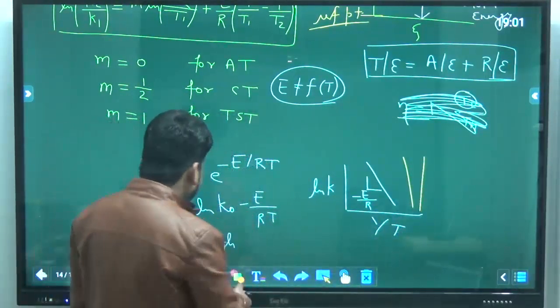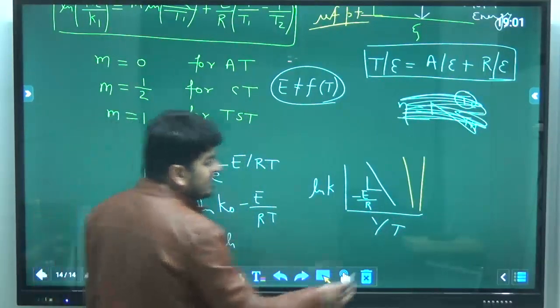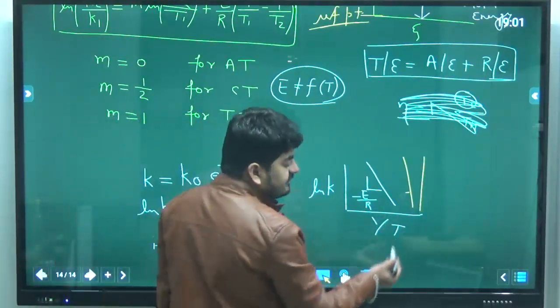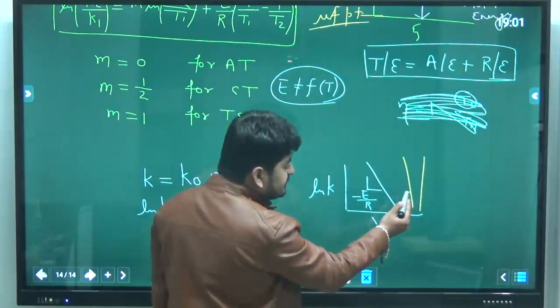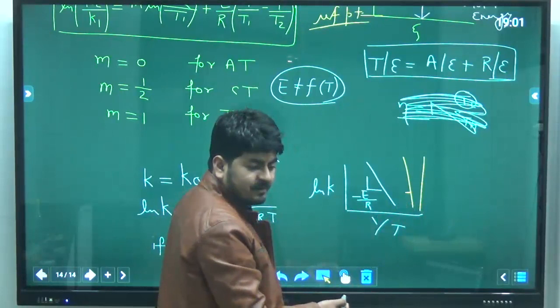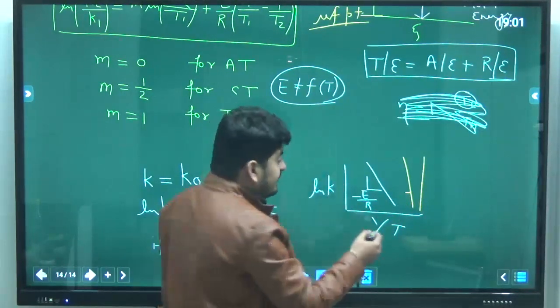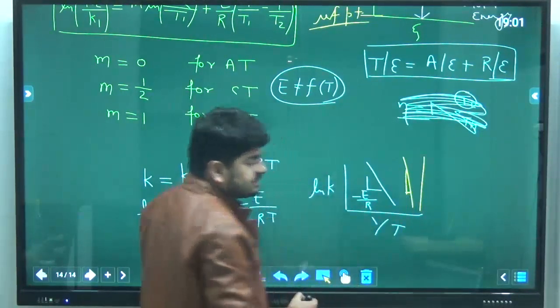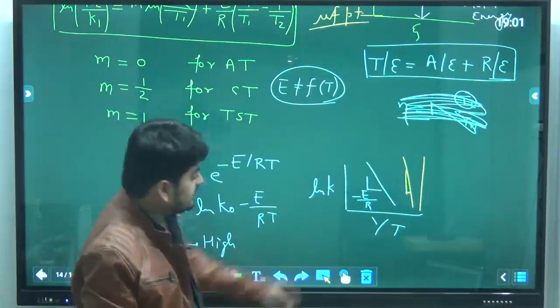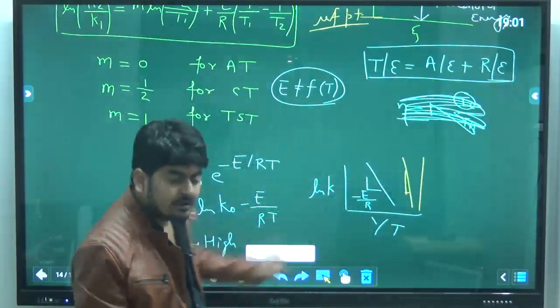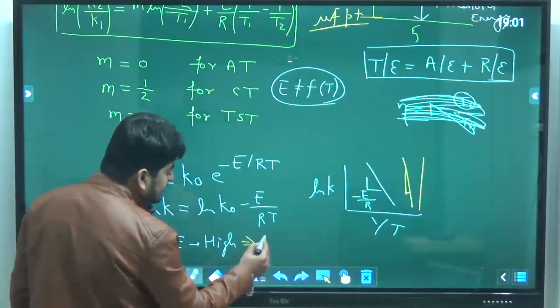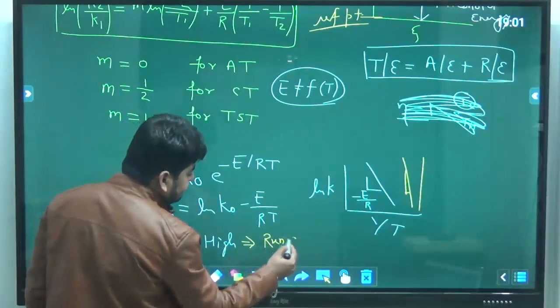So here you can see if activation energy is high, even with a very small change in temperature, the change in k will be huge. You can see for a very small change in temperature, the change in k is very huge. So we say that reactions are temperature sensitive.